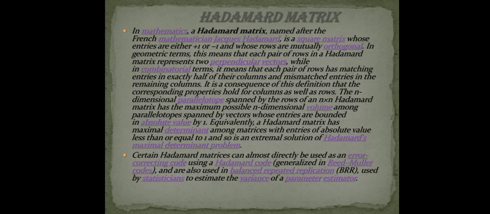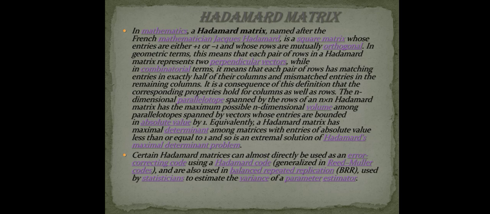In geometric terms, this means that each pair of rows in a Hadamard matrix represents two perpendicular vectors, while in combinatorial terms, it means that each pair of rows has matching entries in exactly half of their columns and mismatched entries in the remaining columns.